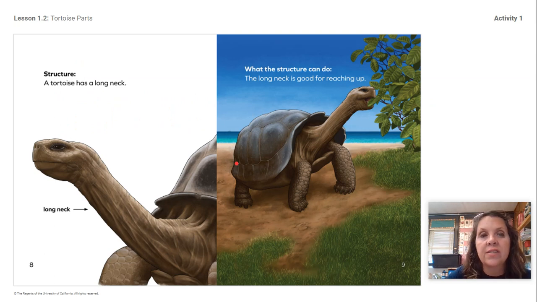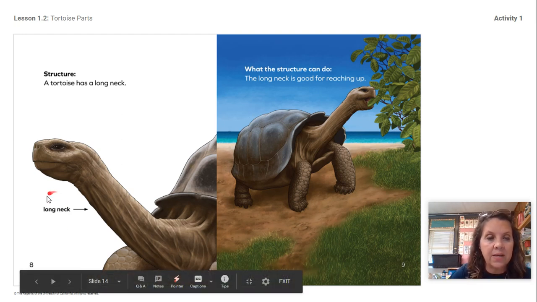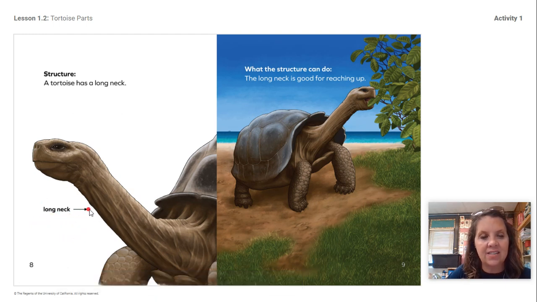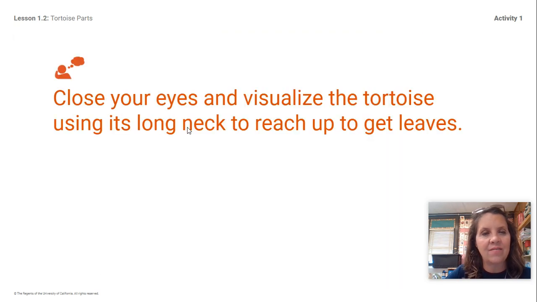Structure. A tortoise has a long neck. You don't have a long neck, a tortoise does. And as we can see here, the label says long neck, and it has the arrow pointing to the part of the illustration that it's talking about. What the structure can do. The long neck is good for reaching up. What do you think they're reaching up for? Leaves, good.